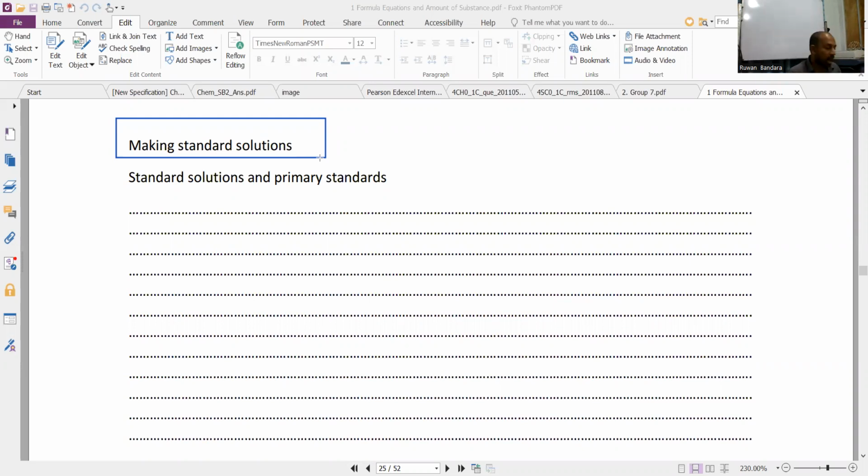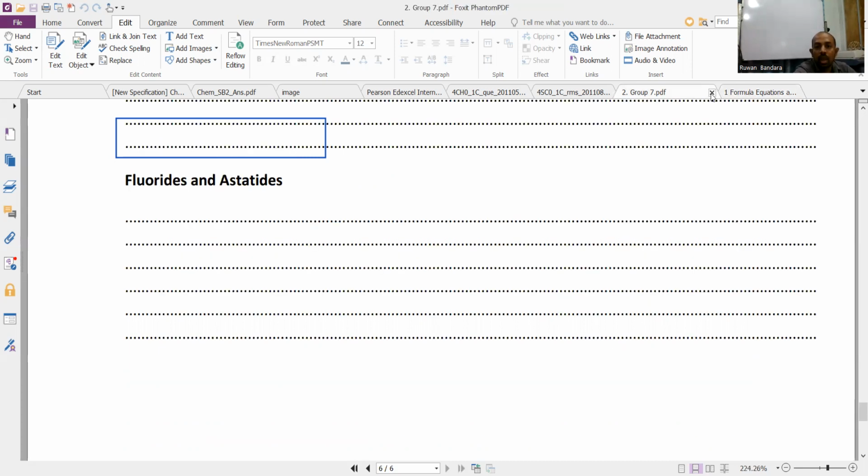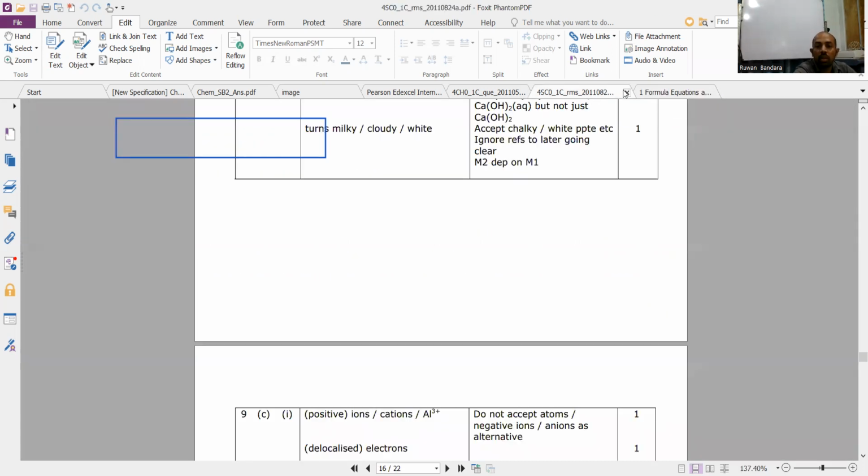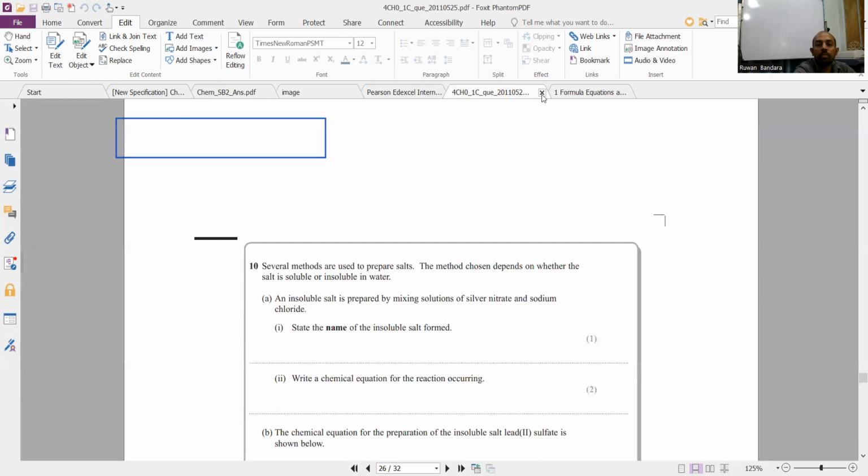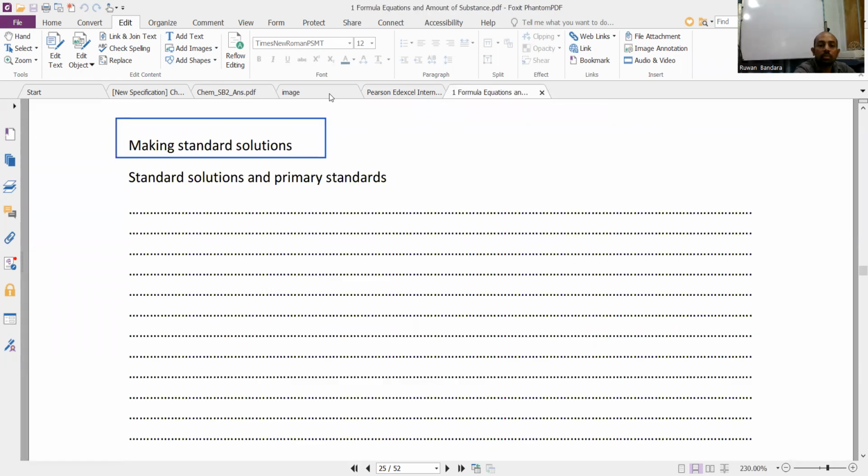Alright. Standard solutions and primary standards. Standard solution is a solution whose concentration is accurately known.